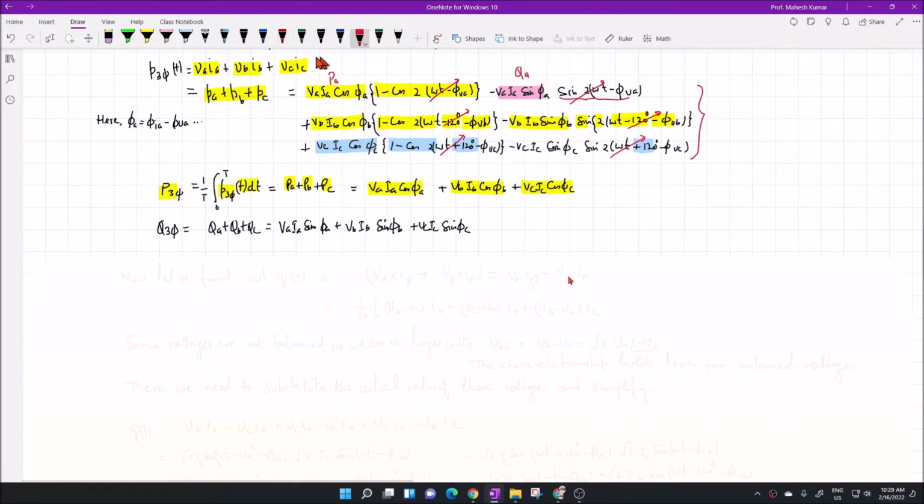If you categorize in terms of active and reactive components, this term is P_A active, this is P_A reactive, this is P_B reactive, this is P_B active, this is P_C active, and this is P_C reactive.